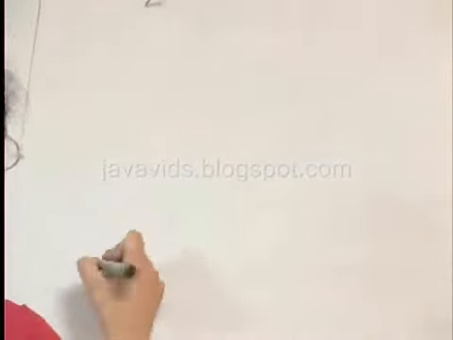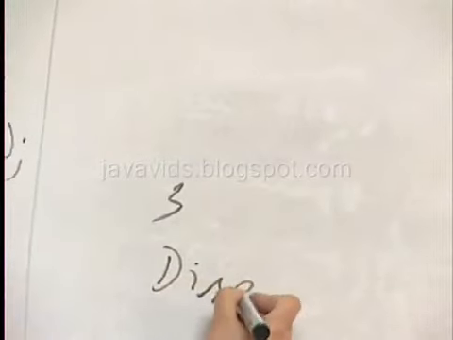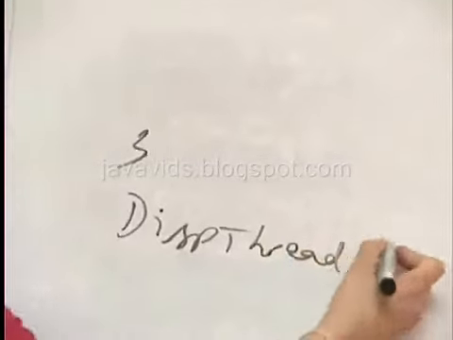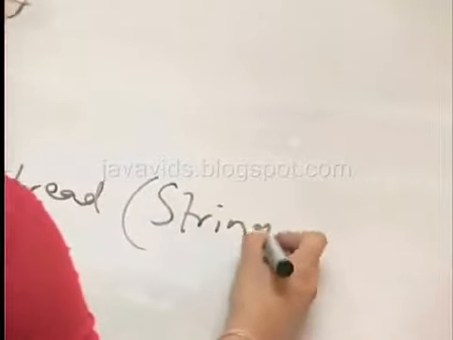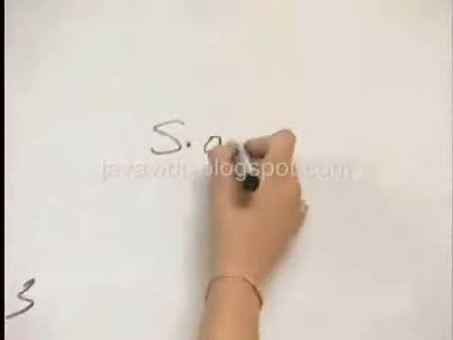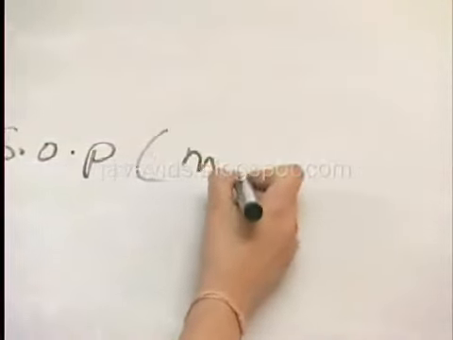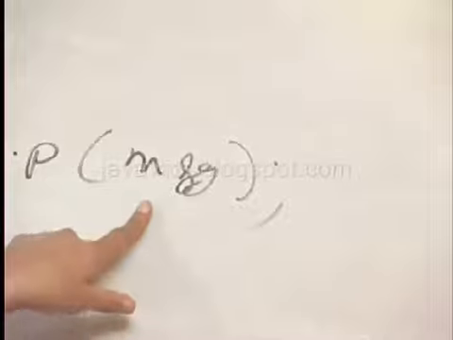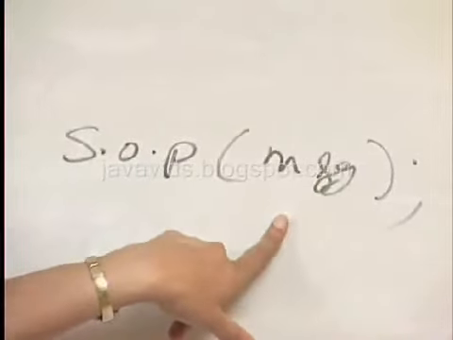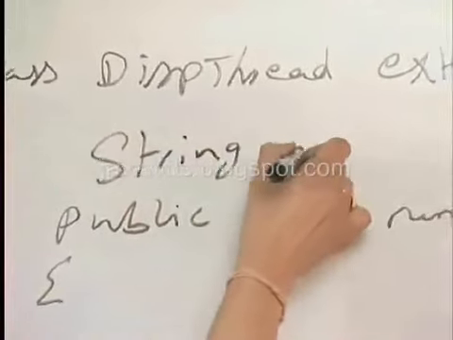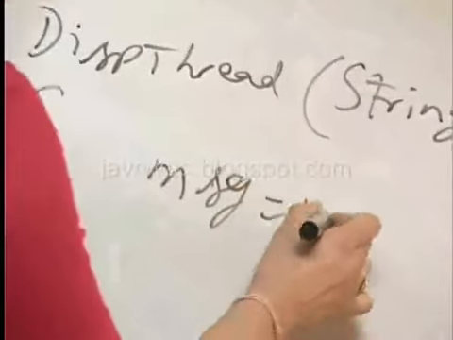which means I need to have a constructor here which takes a string message which I need to display here. But how do I access this local parameter in this method? Declare a variable here in the class to which you equate the local variable value and access the message in the run method.